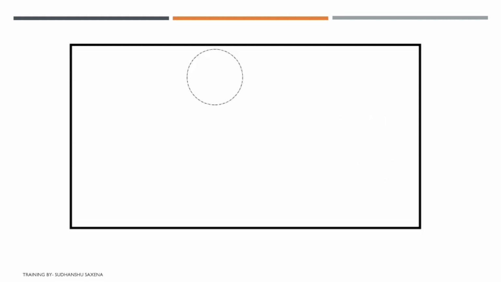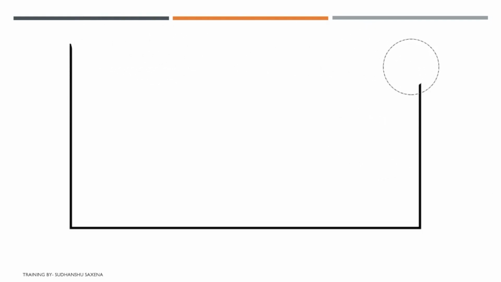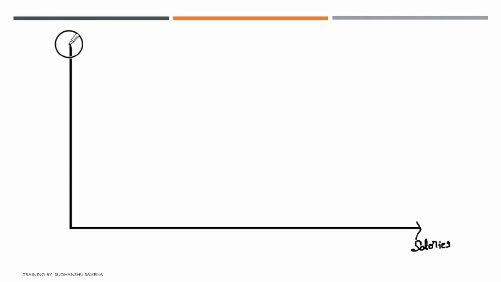And I'm gonna delete this value from here, and I want you to think in this perspective, that we have salaries over here, and we have number of people in the company, right?